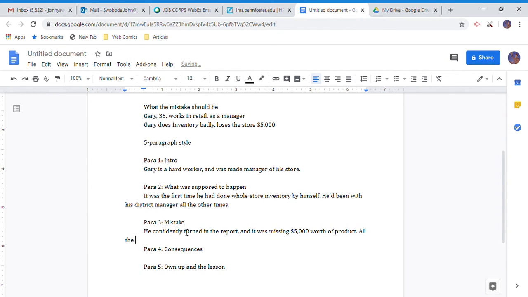All the product was from, let's call this a Walmart. No, Walmart's too big. A clothing store.